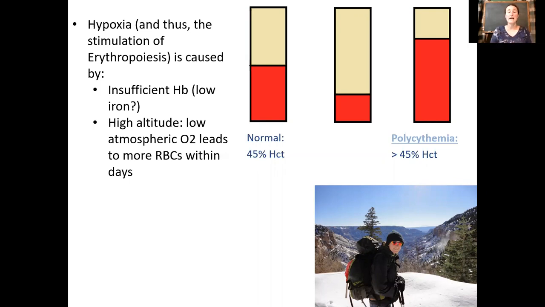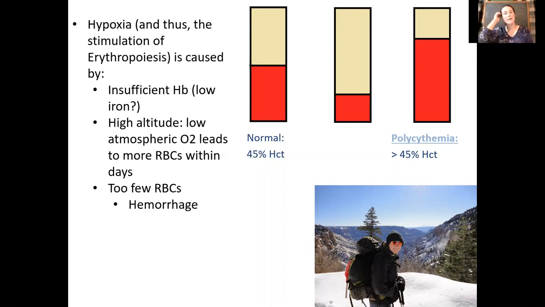But this is actually a completely normal response to being at high altitude. Within a couple days of being in Arizona, if you were to look at my blood, you would have seen that I had polycythemia. I had a higher red blood cell count than you would otherwise expect.